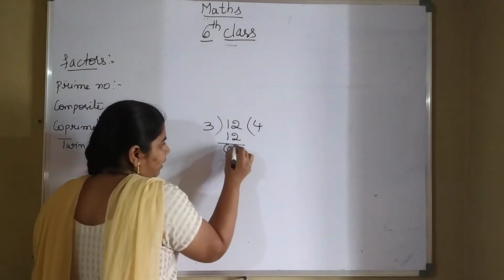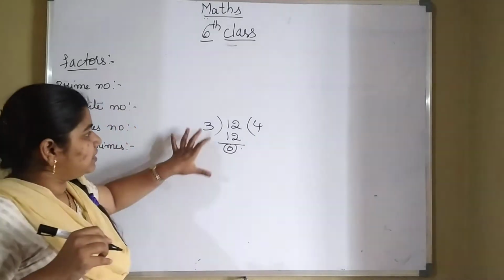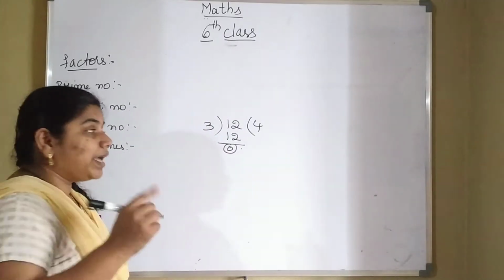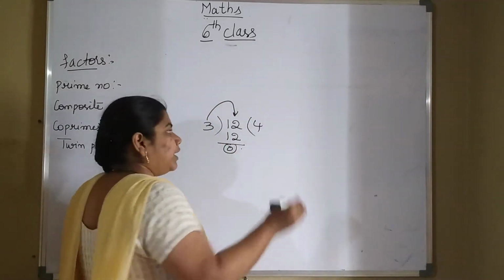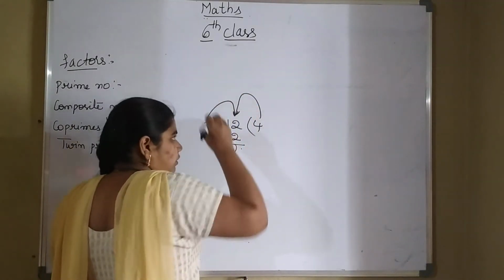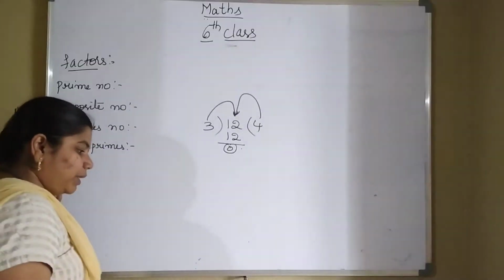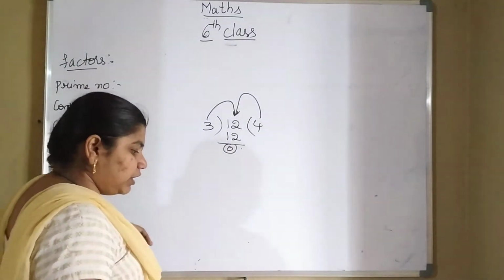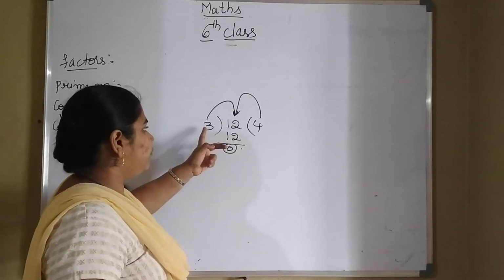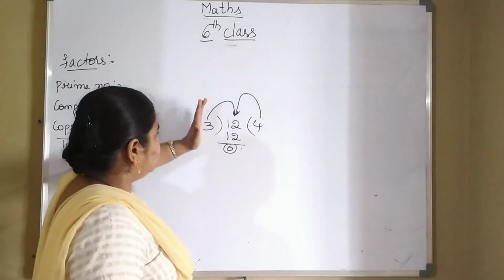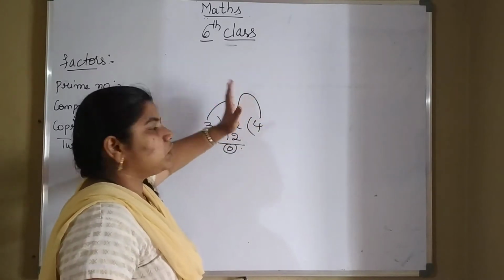So you got the remainder as 0. That means it is exactly dividing here. That means we can say this 3 is a factor of 12 and also this 4 is a factor of 12. So what do you mean by factors? A number which divides the other number exactly we will call the factors. So here 3 is a factor, 4 is also a factor.